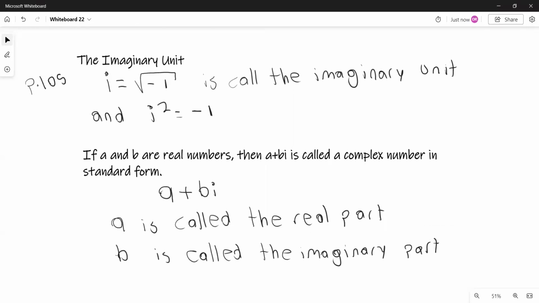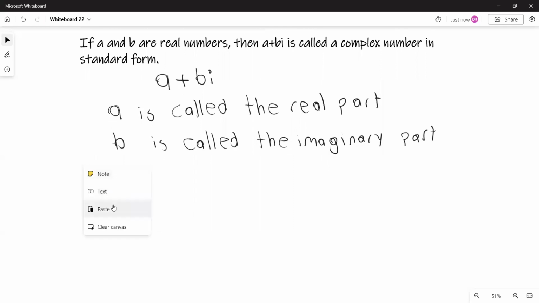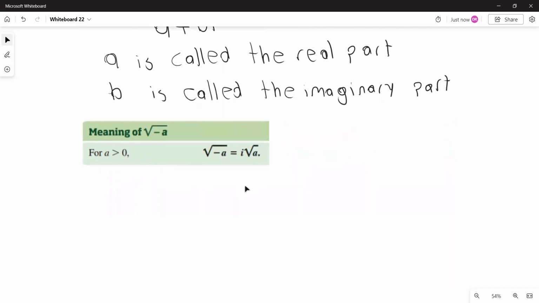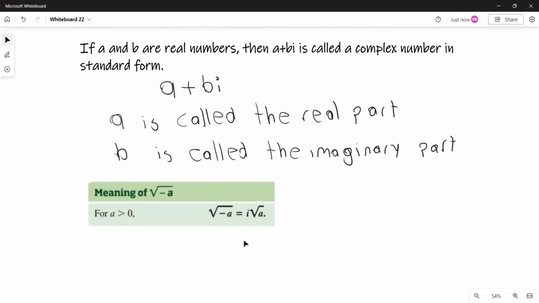Okay, so in general, this is on page 106. That one I'm just going to copy from the book. If a is a positive number, the square root of the opposite of a is the same as i times the square root of a.